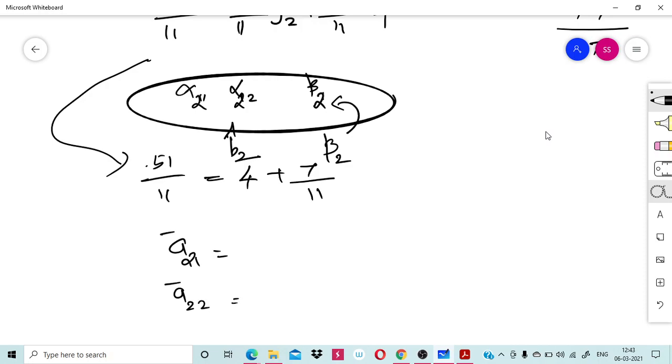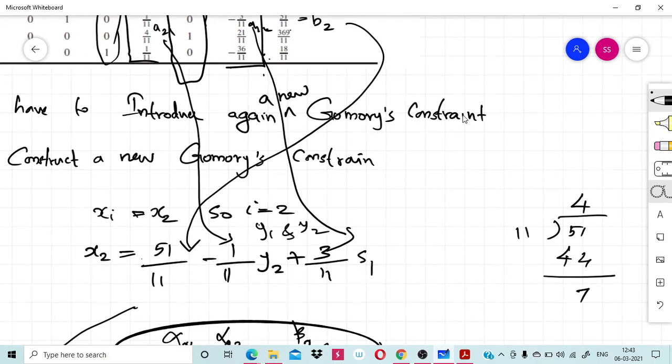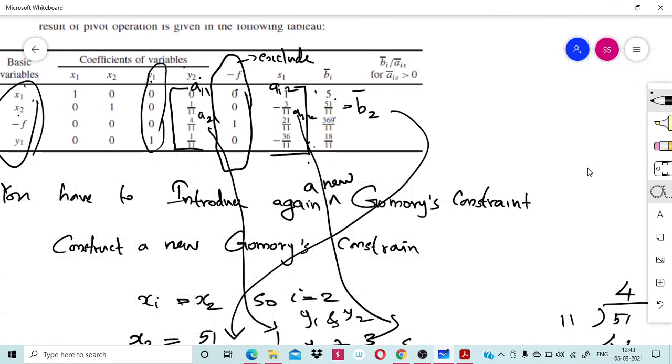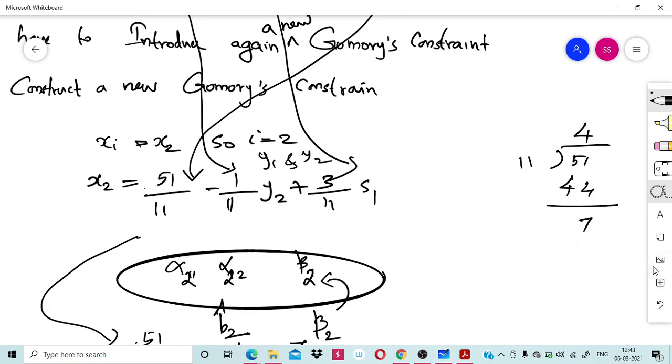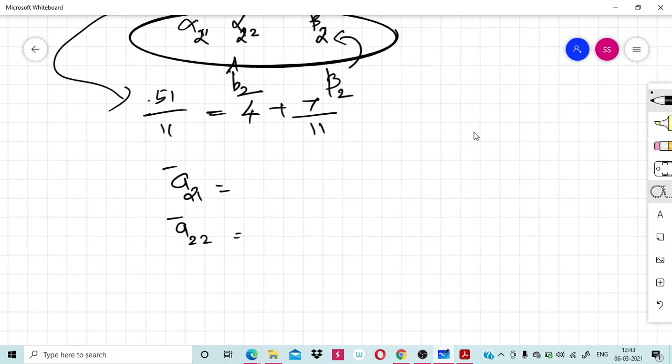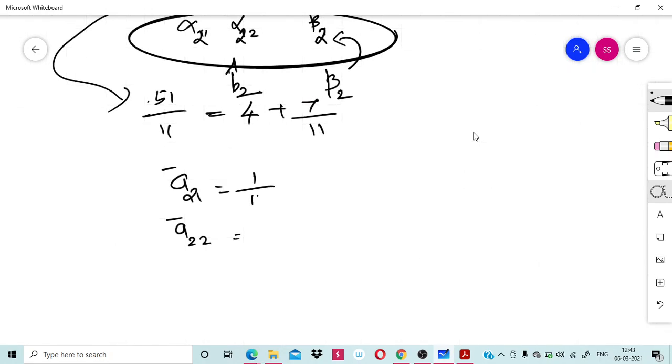Similarly, you can have a21 bar and a22 bar. So a21 bar is 1 by 11, and a22 bar is 3 by 11, minus 3 by 11 or 3 by 11.